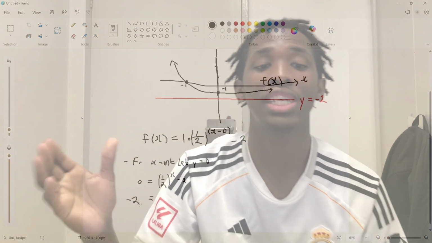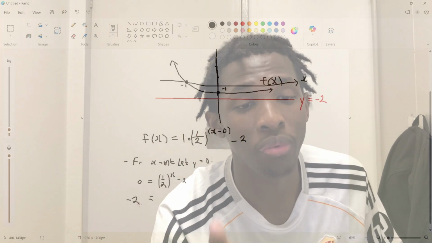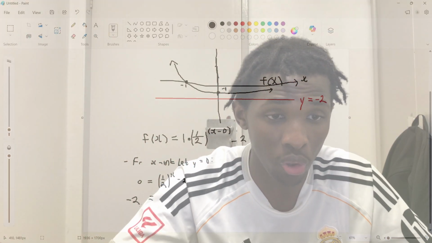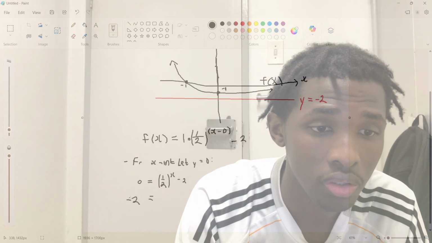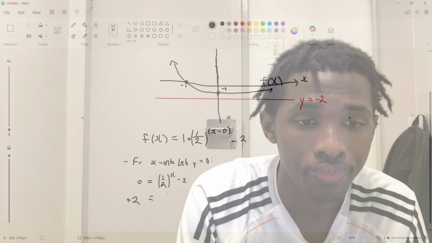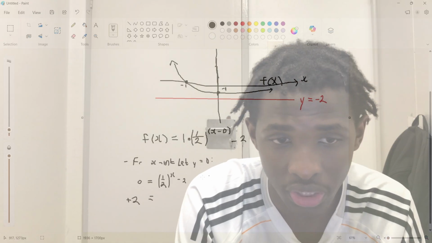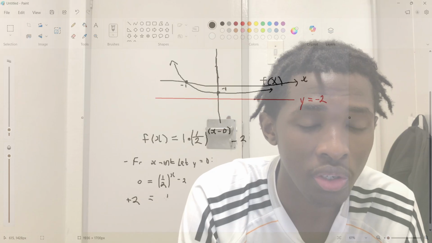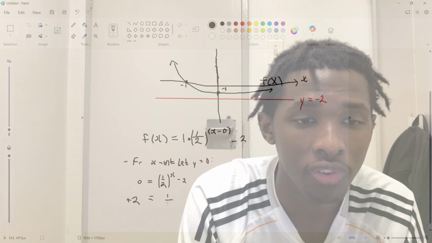You're saying you take it to the other side, but what actually happens is that you plus 2 from both sides, so it's going to be positive here. This cancels out, and then you only have a half to the power of x left.